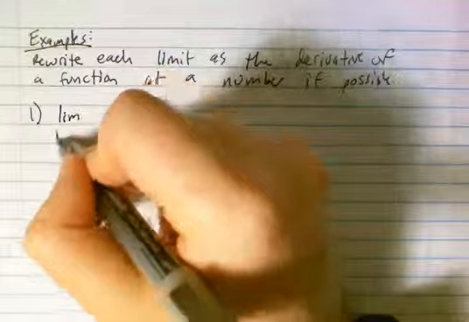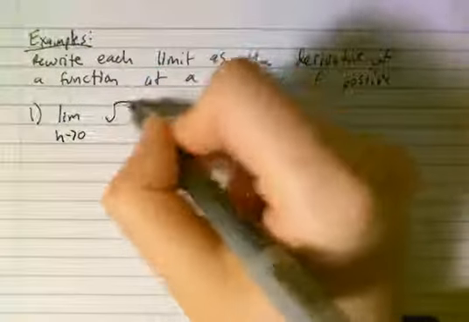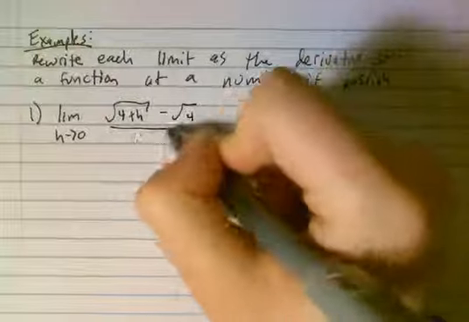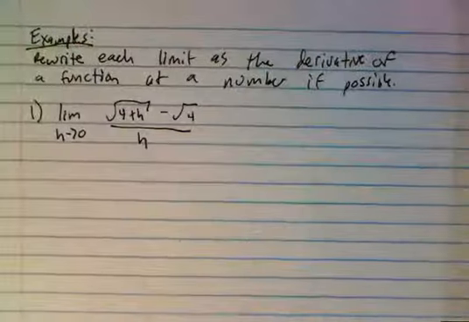So let's start with the limit as h approaches 0 of the square root of 4 plus h minus the square root of 4 over h.